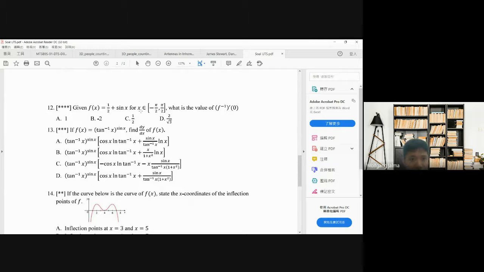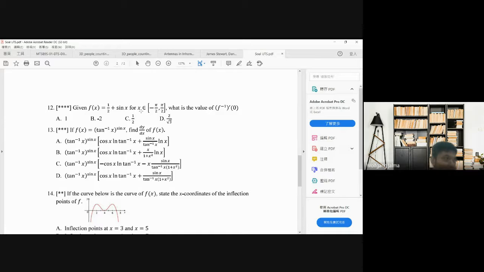This number 12, everybody can understand how to solve, right? The inverse of derivative is... Has Professor Iman taught this kind of problem? No? Okay, no problem.